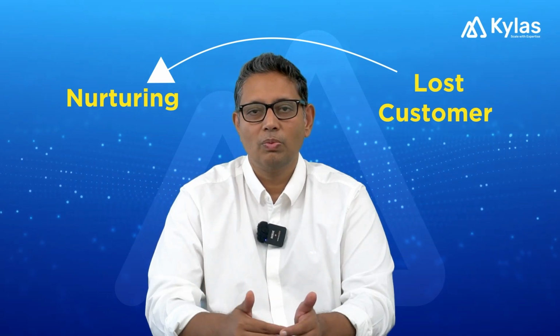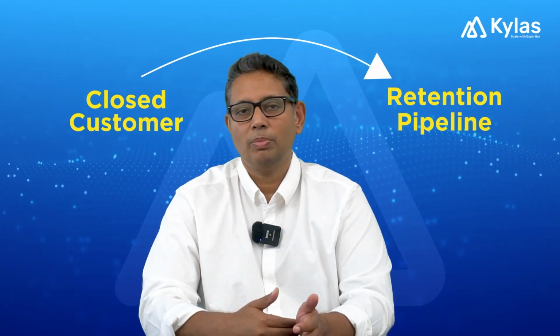Otherwise you'll lose the customer. If you lose a customer, send it back to the prospect pipeline for nurturing again. If the customer moves ahead and the deal is closed, you can move to the payment stage and payment collection stage, and from there once the deal is closed, he moves to the retention pipeline.